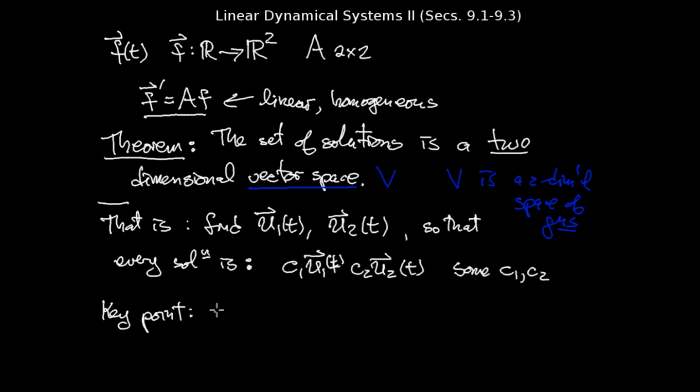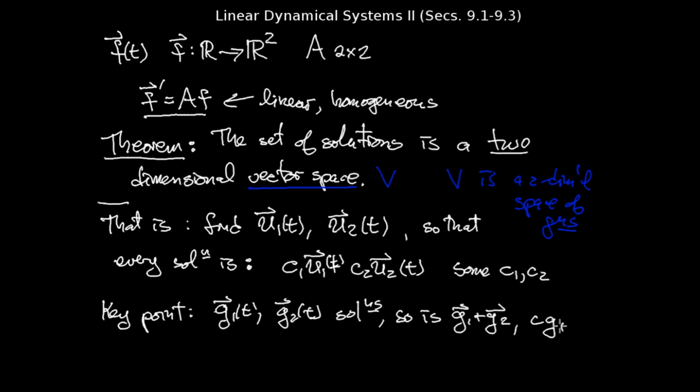The key point is, let me use new names here, if g1(t) and g2(t) are solutions, so is g1 plus g2 and a constant times either one of them. And I showed that last time in our examples. It's because this is a linear operator.